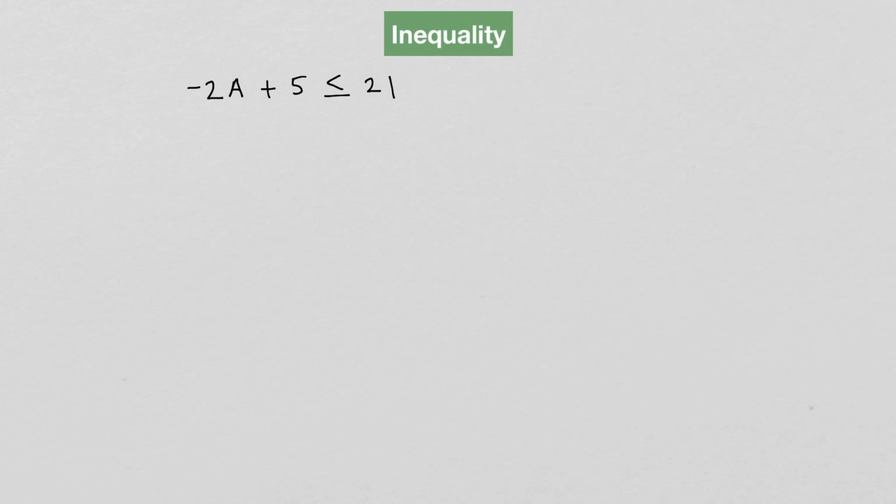We have negative 2a plus 5 is less than or equal to 21. To solve for a, the steps that we take will be similar to a statement where there's an equal sign. What we're going to do first is move this 5 over to the other side.